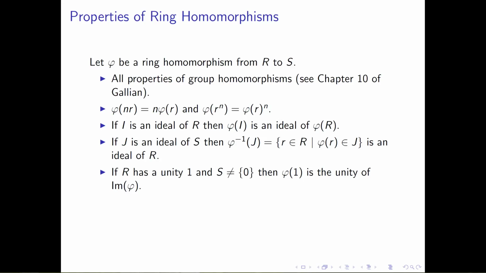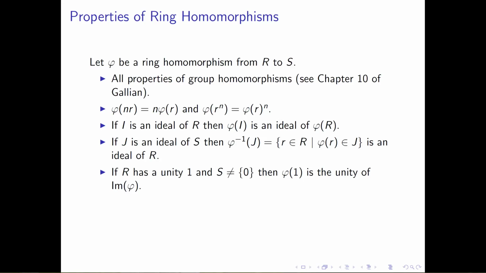So the fifth property is if R has a unity that we're going to denote by 1, and if it happens to be the case that the ring S is not just the ring which is the number 0, then when we look at the image of 1, this is also the unity of the image of phi.